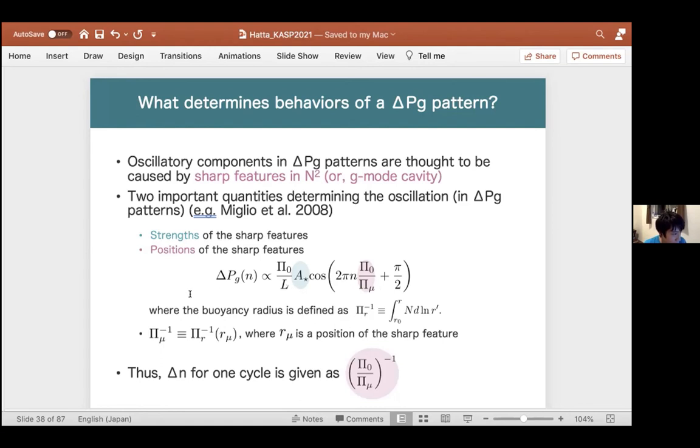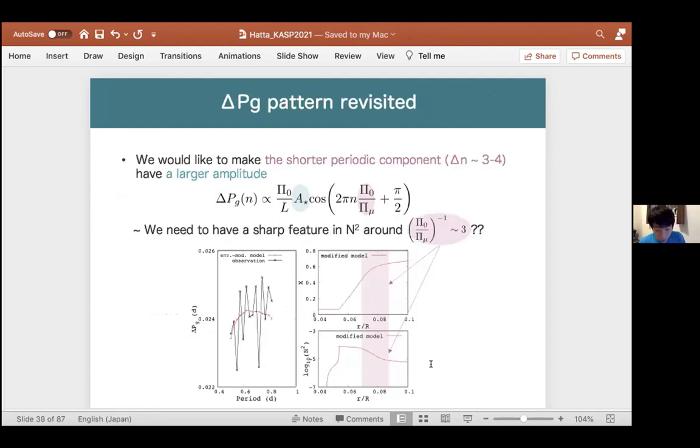According to this expression, the periodic component in the delta PG pattern for one cycle gives us the inverse of the ratio between pi 0 and pi mu. Okay. And then what we would like to do is to make the shorter periodic component have a larger amplitude.